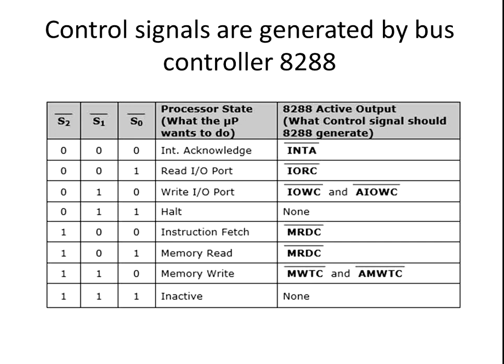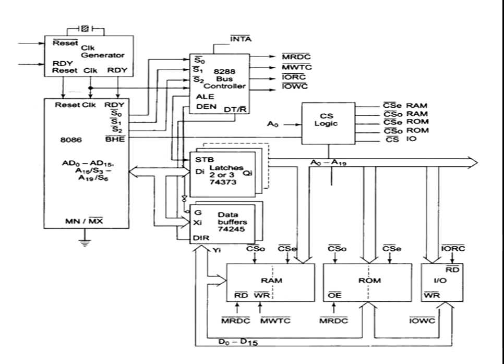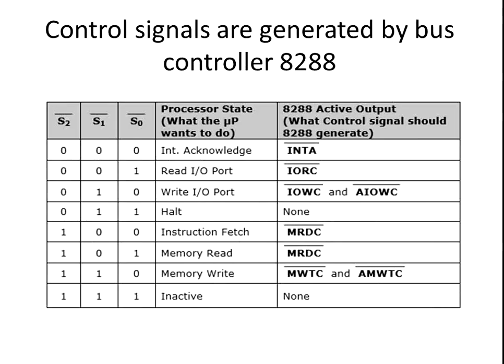And one more thing, the 8288 bus controller generates signals according to S0, S1 and S2. That means if S2, S1, S0 are all 0, the bus controller generates the INTA pin.